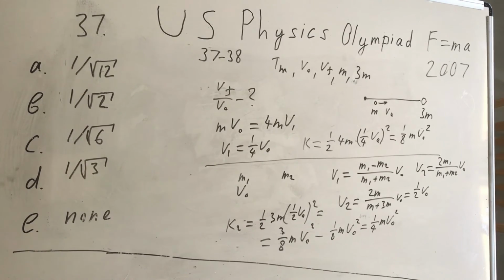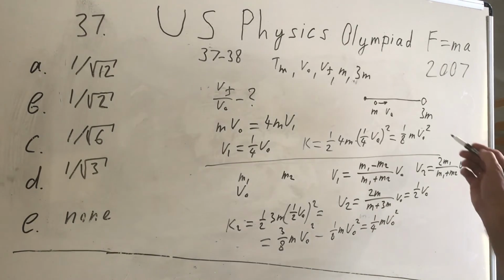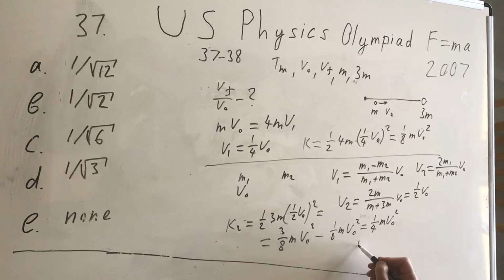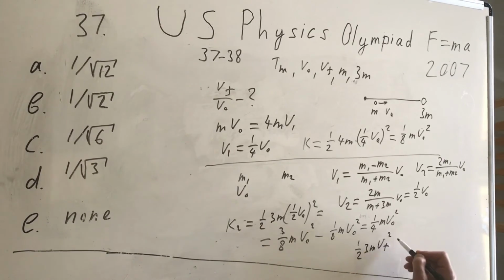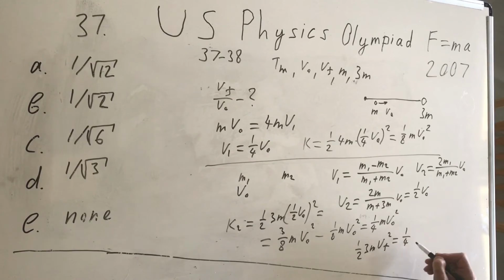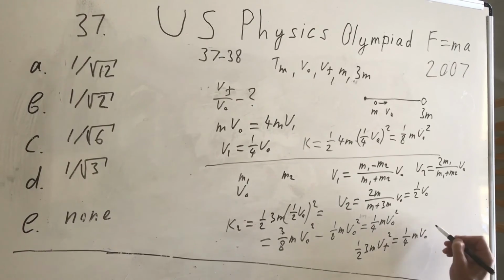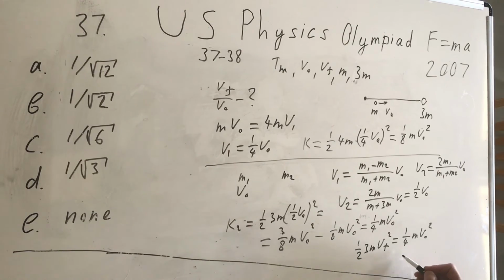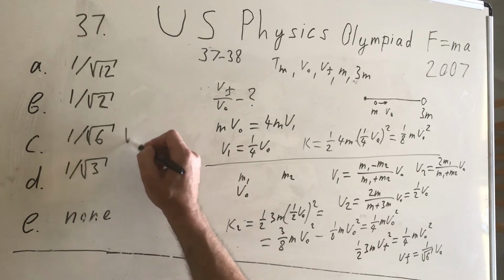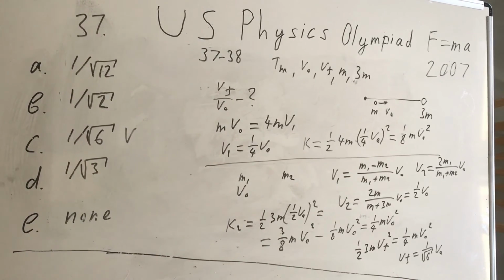And now we can find the final speed of this mass. That will be 1/2 times 3m times v final squared, which equals 1/4 m v0 squared. So now we see that v final equals 1 over root 6 times v0, which is answer C, the correct answer.